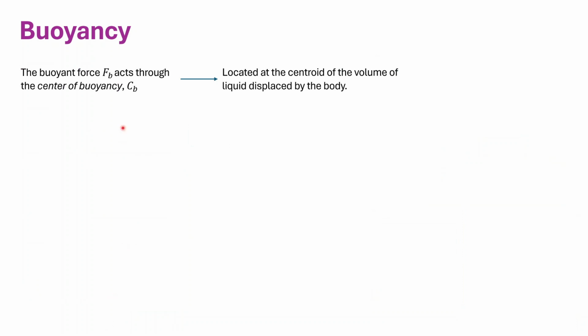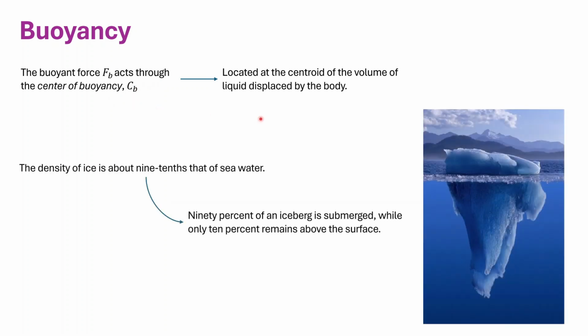The buoyant force F sub B acts through the center of buoyancy, which is C sub B, and that is located at the centroid of the volume of liquid displaced by a body. So, this is an example. The density of ice is about 9/10 that of seawater.